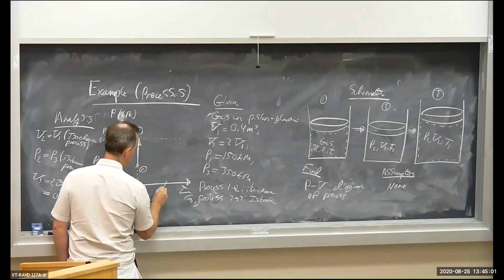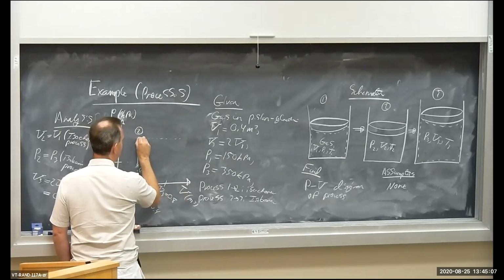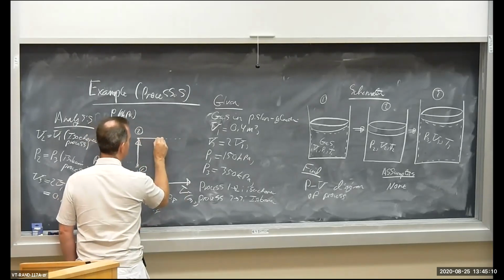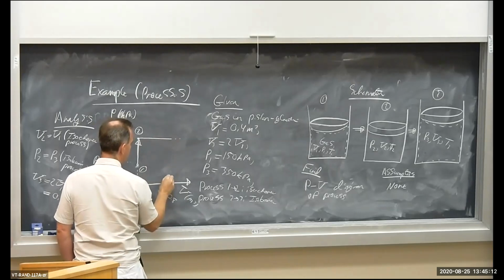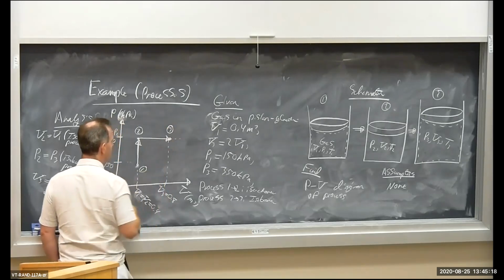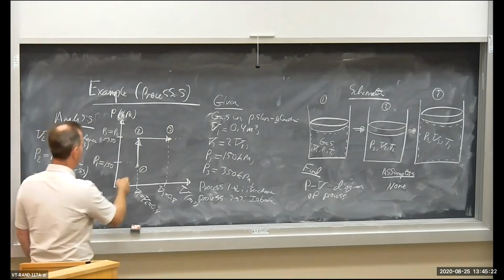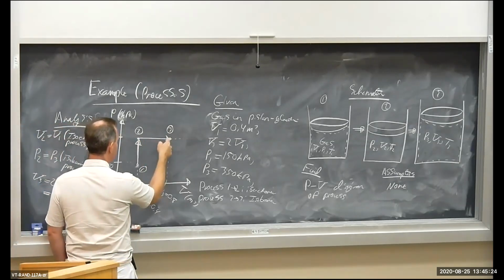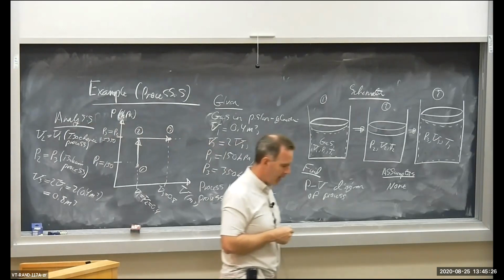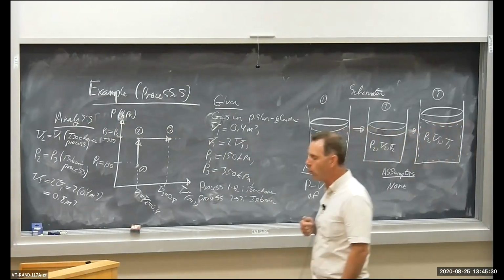So here is V3, which is 0.8 cubic meters, and the process is isobaric, so it's going to be a horizontal line. And this is state 3. So that is the process, 1 to 2 to 3, the overall process.